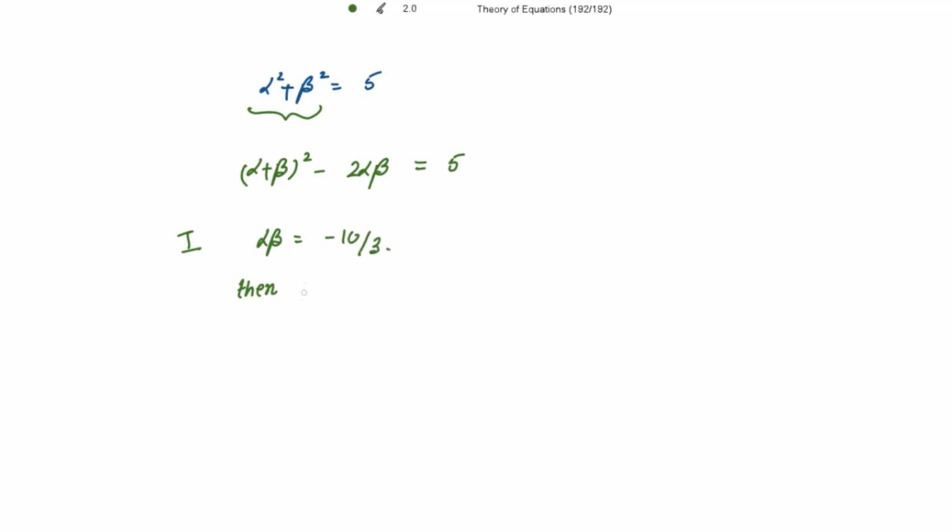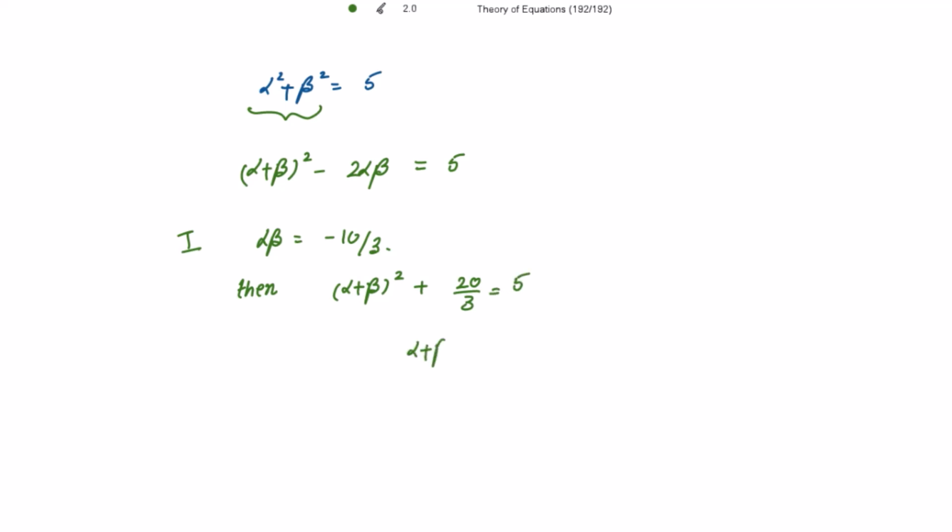Let's check. From the first condition, we have alpha square plus beta square equal to 5. So writing this alpha square plus beta square as alpha plus beta whole square minus twice alpha beta, it is equal to 5. In the first case, if alpha beta is equal to minus 10 divided by 3, then putting this value in, we get alpha plus beta whole square plus 20 divided by 3 equal to 5.